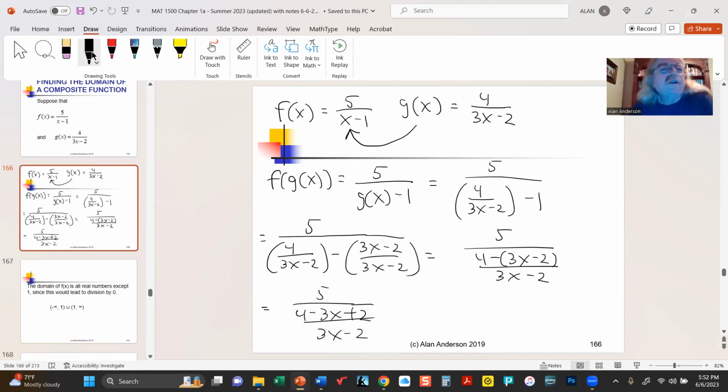Now, here's the interesting part. What I'm going to do is rewrite this. When you're dividing by a ratio like that, you can rewrite it as the product of the numerator times the inverse of that ratio. Oh, I should have done something first. I just realized I didn't completely finish consolidating all the terms. This one here, 4 minus 3x plus 2, is actually 6 minus 3x over 3x minus 2.